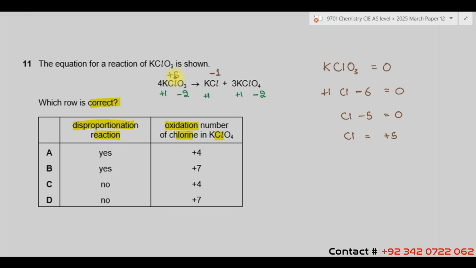Now let's look at KClO4. Overall again it's neutral, so the charge is 0. K is +1. Oxygen is -2, so 4 oxygen becomes -8. Chlorine -7 equals 0. Chlorine will be +7.